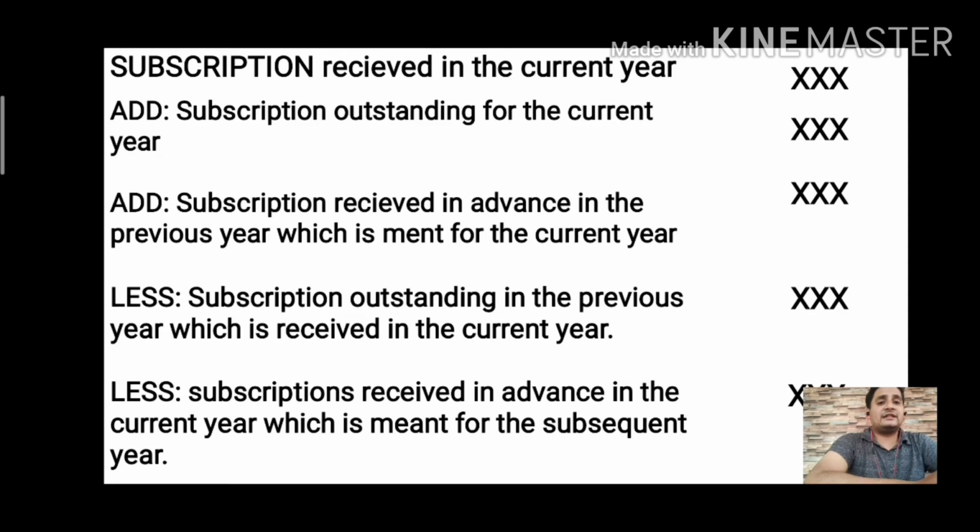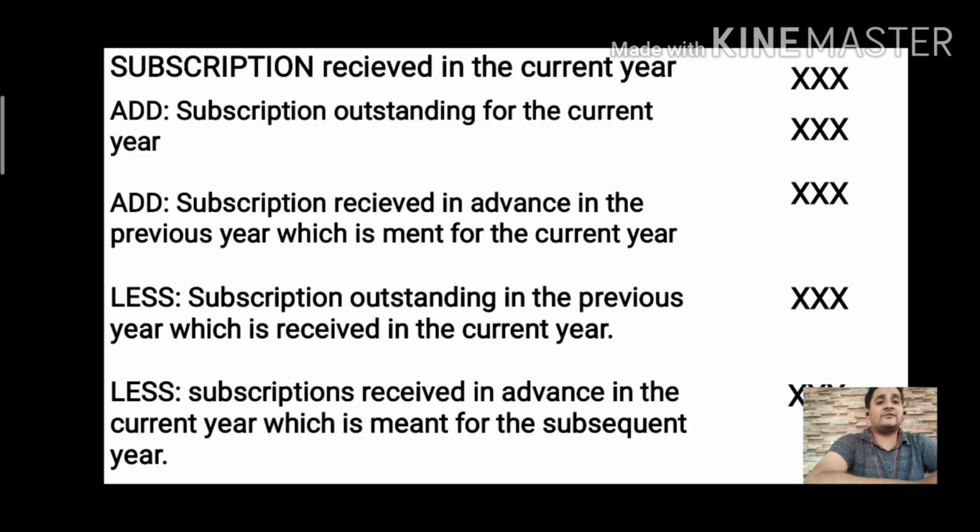Next, subscription received in advance in the previous year: if you received the 2019 subscription in the previous year, meaning in 2018, that amount is also added to the subscription received in the current year.